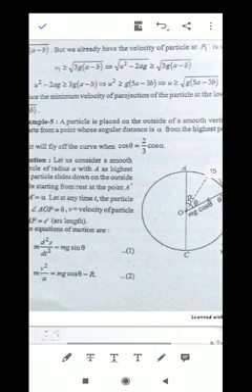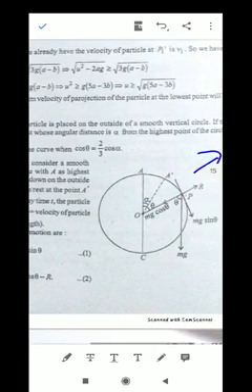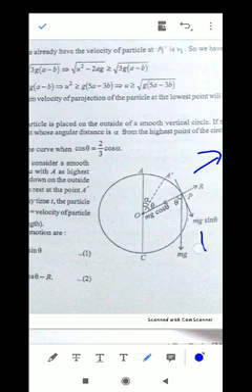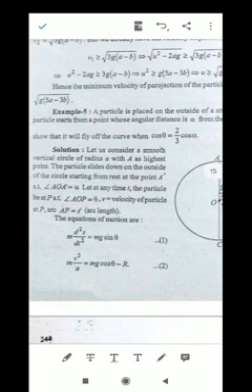Now in this case the direction of motion and the direction of the tangential component of the weight are both the same, so here we have taken a positive sign in the first equation, and in the same way we have the second equation.